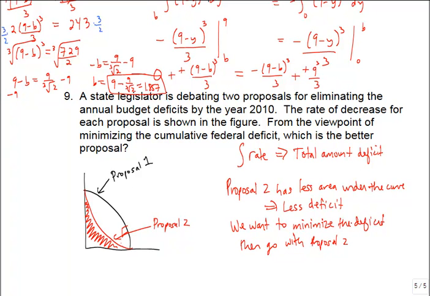Because it will cut that deficit faster than proposal 1. Sorry, my pen is going kind of crazy today. So we want to go with proposal 2 because it cuts the deficit faster than proposal 1.